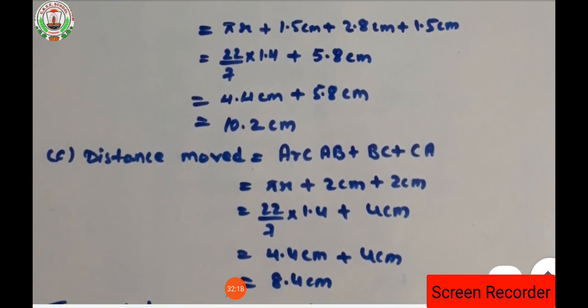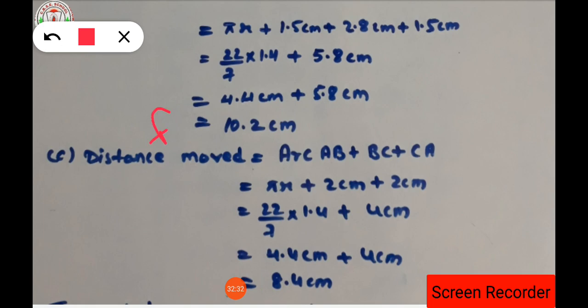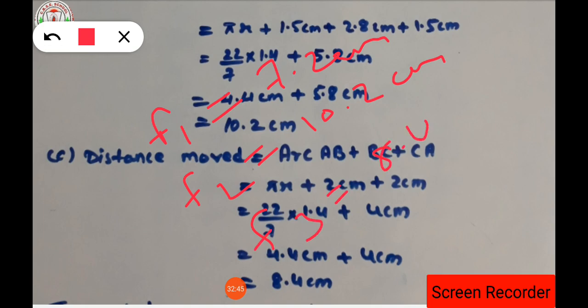In which figure does he have to travel the larger distance? From figures A, B and C, figure A perimeter is 7.2 centimeter, figure B is 10.2 centimeter, and the third figure is 8.4 centimeter.